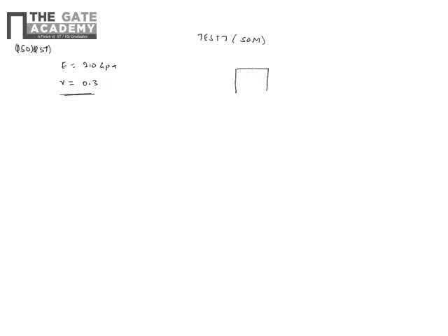So it is subjected to a biaxial state of stress, so sigma x and sigma y, and you can have the shear stress with the complementary. The strain in the x direction, epsilon x, is 1394 micrometer per meter, so it is 10 power minus 6.